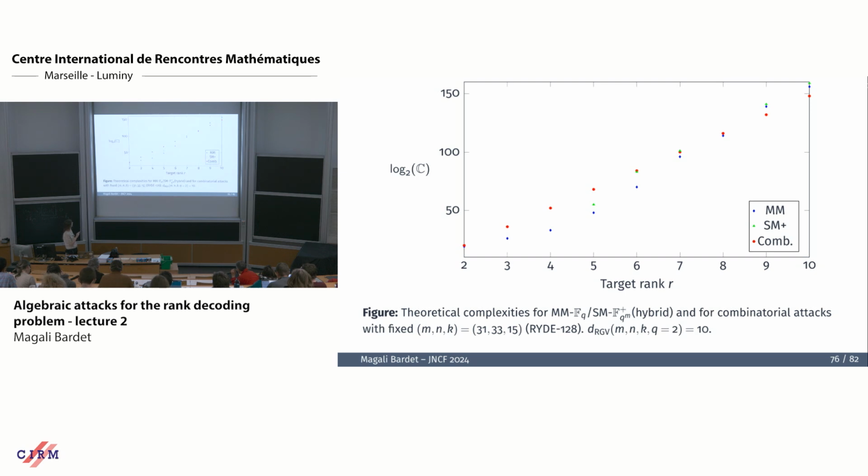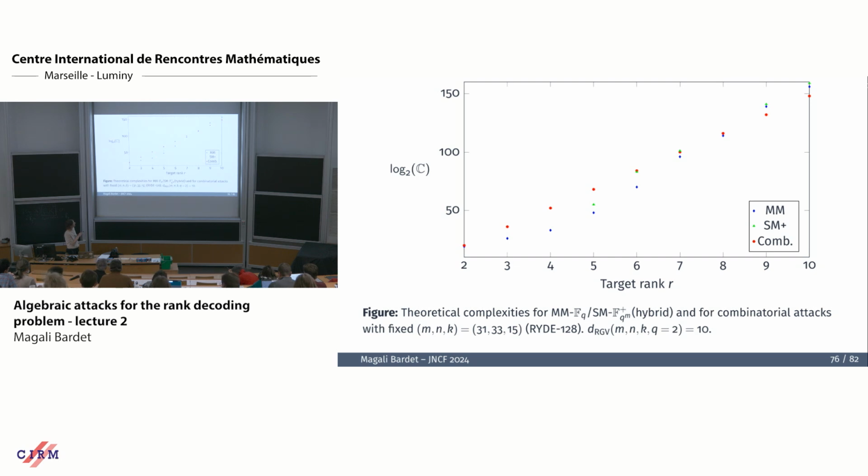Here you have the log of the complexity, and in blue, you have the complexity of the max-minor approach, which is the linear system, where I use the hybrid approach to be able to solve the system. So for the small values, you don't need a hybrid approach. You just have enough equations to solve, so you have a very efficient algorithm.